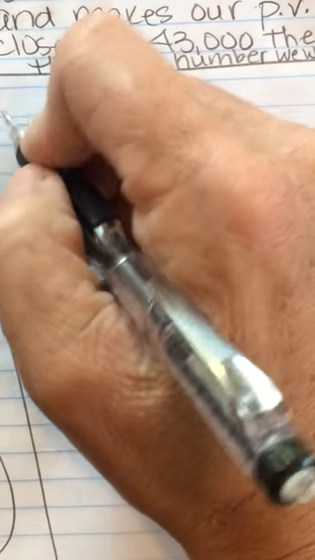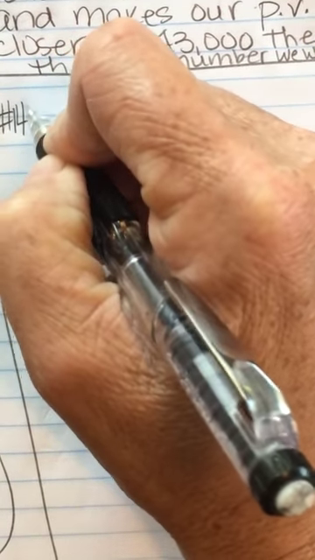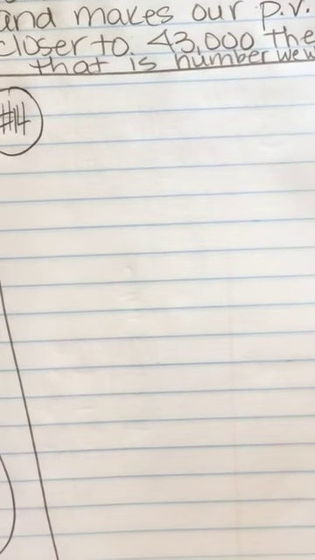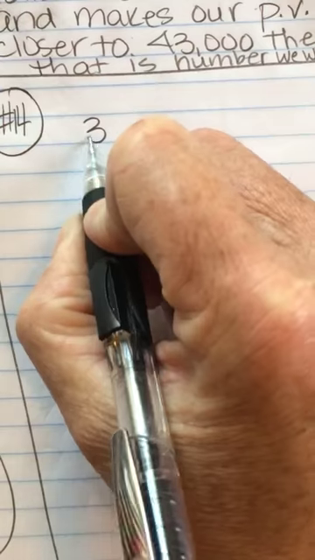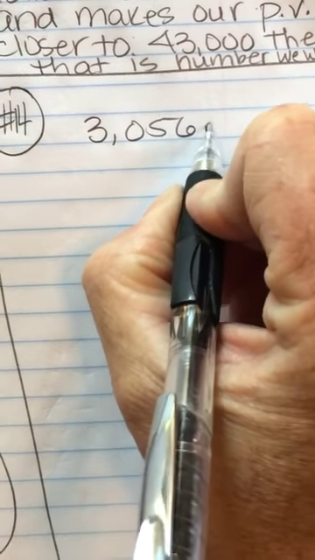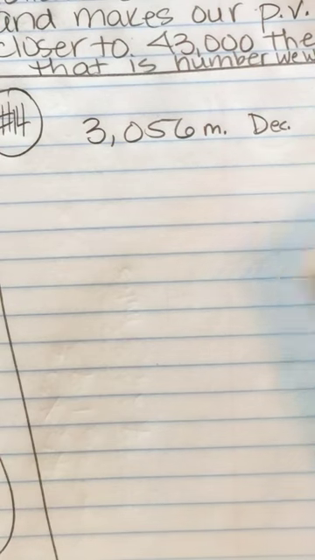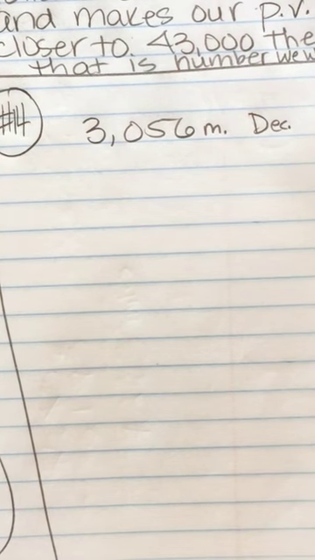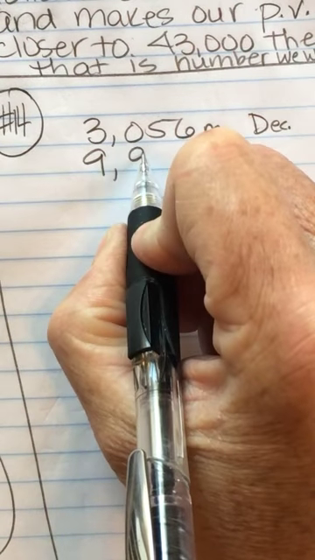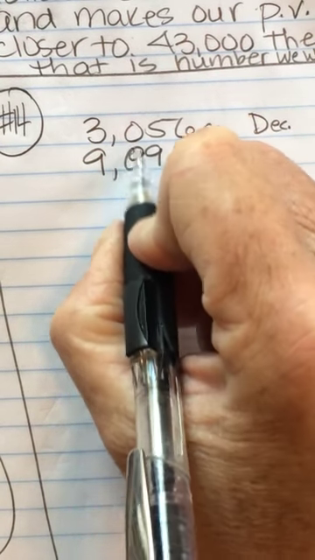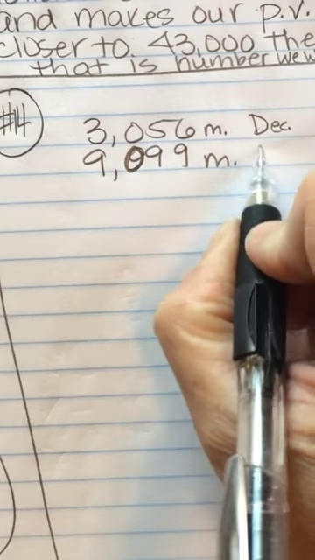All right, let's take a look at number 14. Number 14 says, Brad drove 3,056 miles in December. So that's December. And 9,099 miles in January.